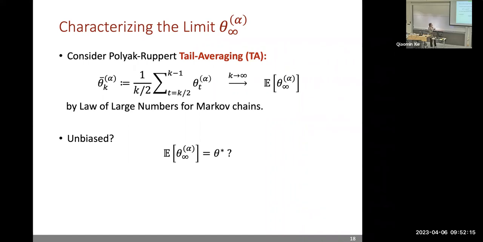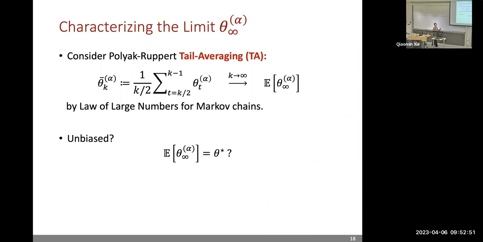Now, by the law of large numbers for the Markov chain, you can show the tail average will converge to the expectation of the limit, where the expectation is with respect to the marginal distribution of theta when the Markov chain is in stationarity. And the one question we are interested in here is, will the averaged iterate give us an unbiased estimate of the true solution theta star?